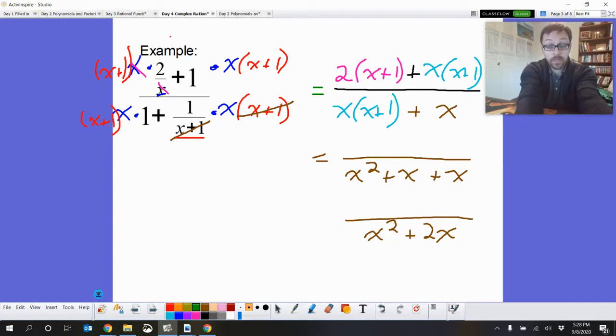In our numerator, we've got 2 times x plus 1, so that's 2x plus 2. We also have an x times an x plus 1, so that's plus x squared plus x. So in our numerator, we end up with x squared plus 3x plus 2.